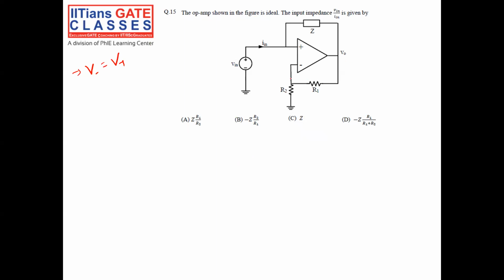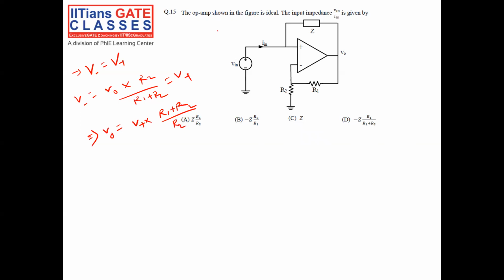So what is the voltage at the negative terminal? V negative is equal to V0 into R2 by R1 plus R2, by the voltage divider. This is equal to my V positive also. So this implies V0 is equal to V positive into R1 plus R2 divided by R2.